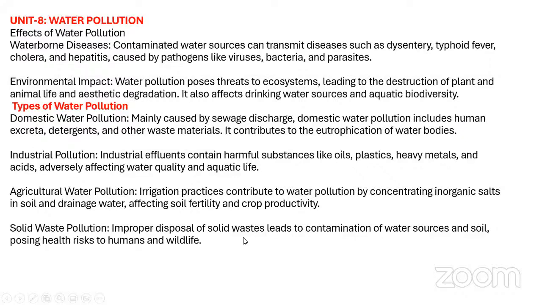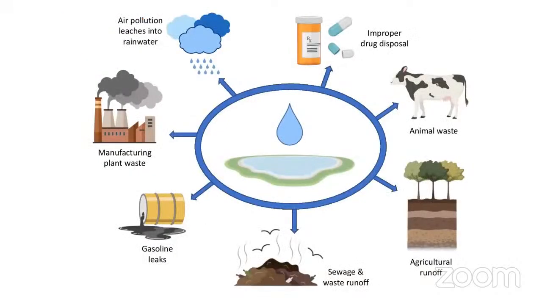Improper disposal of solid wastes leads to contamination of water sources and soil, posing health risks to humans and wildlife. In the next slide, I have given a suitable image.